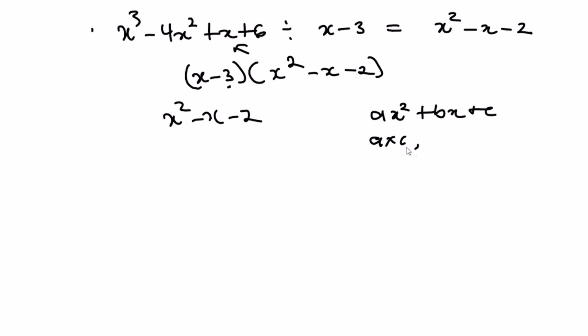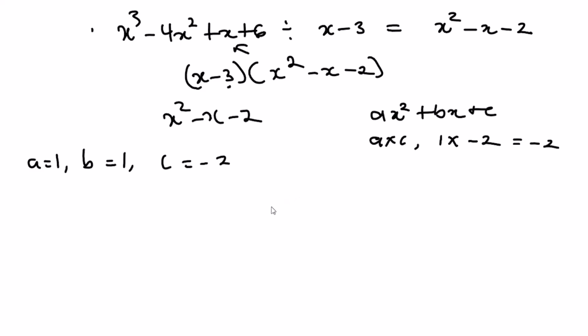Comparing, our a is 1, b is -1, and c is -2. So a times c, we have 1 times -2, giving us what? -2. So we are going to look for two numbers that when we multiply them, we get -2, but when you add them, we get -1.